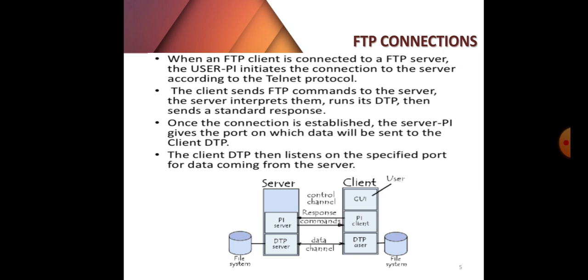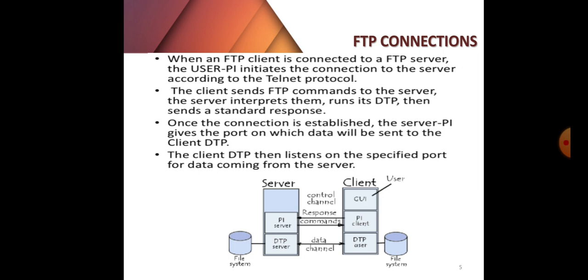After receiving this request in the form of a control signal, the server processes the request, runs the data transfer process present on the server side, and sends a response that it is ready to accept the request sent from the client side.